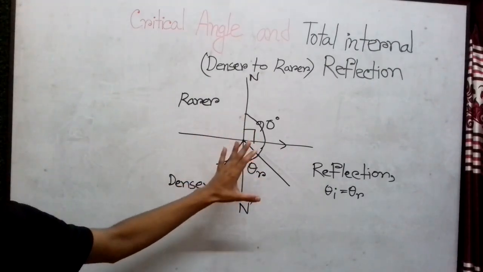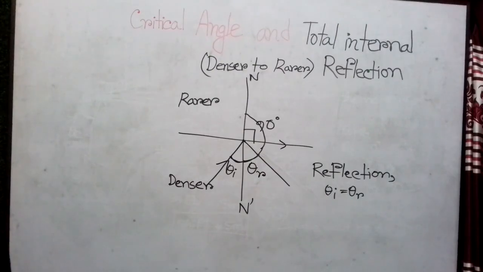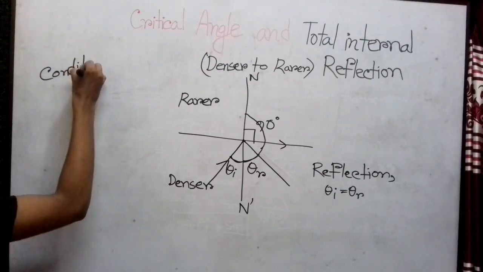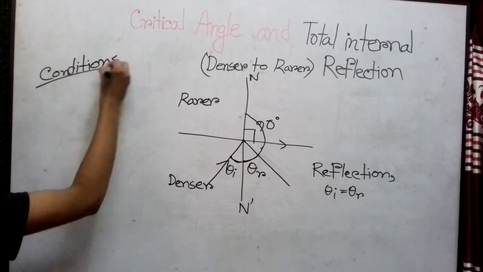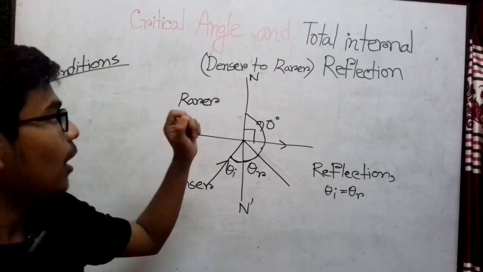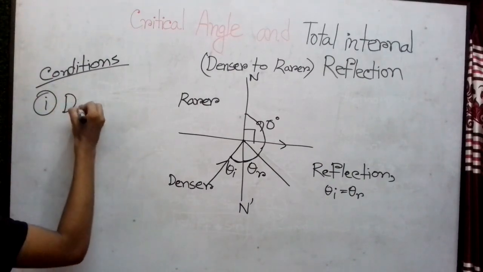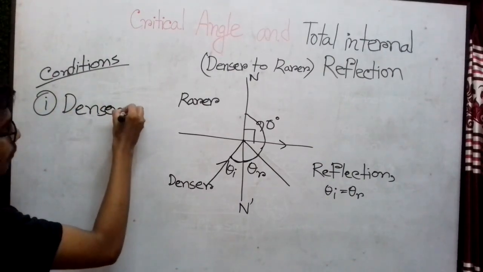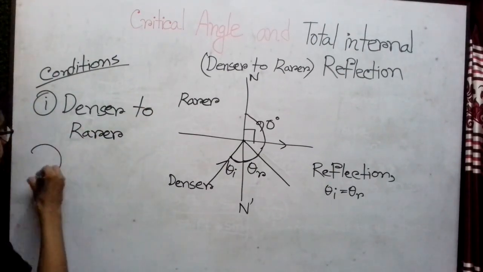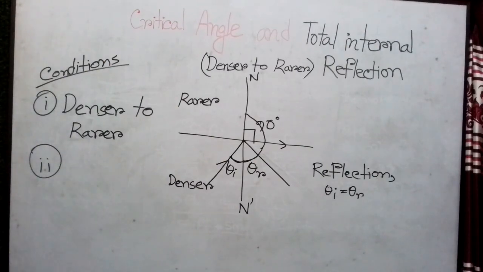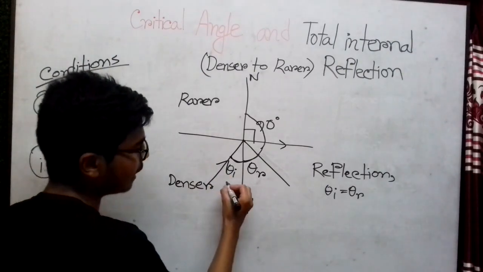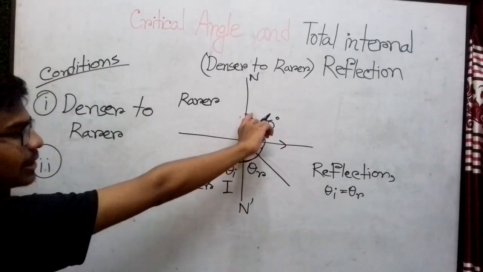So there are also two conditions for total internal reflection. Now I'm going to write the conditions. So what are the conditions? First condition, the light rays must go from denser to rarer medium. And another, suppose I consider this theta I as capital I, because the angle is bigger than the critical angle.